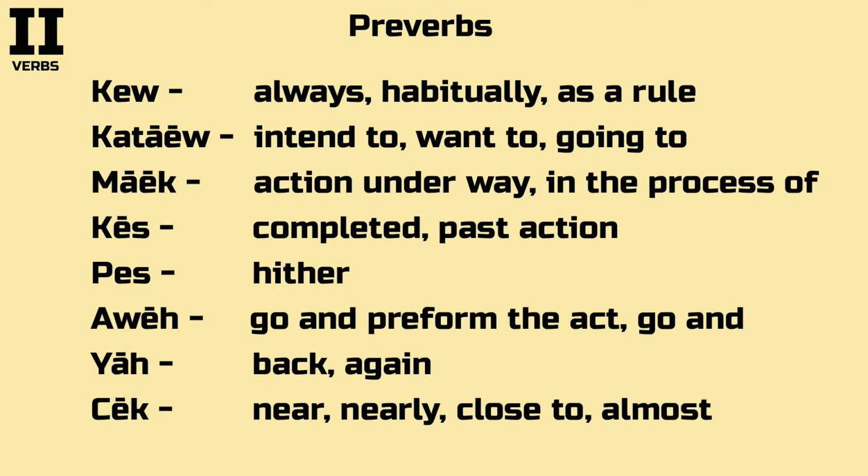But for example, we have, as you can see, Q, kotao, mac, case, piss, away, ya, shake. All right. Now these are pre-verbs and they're not necessarily used on their own. They should be accompanying a verb that they are modifying.